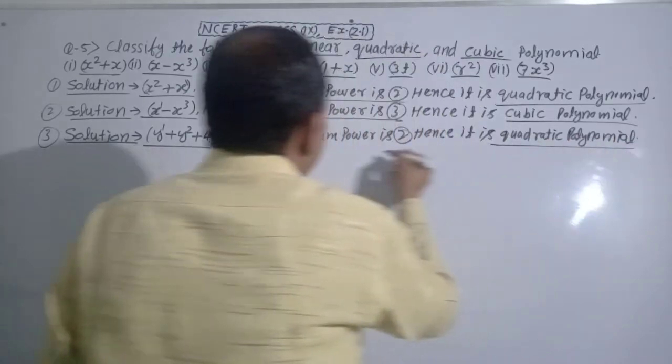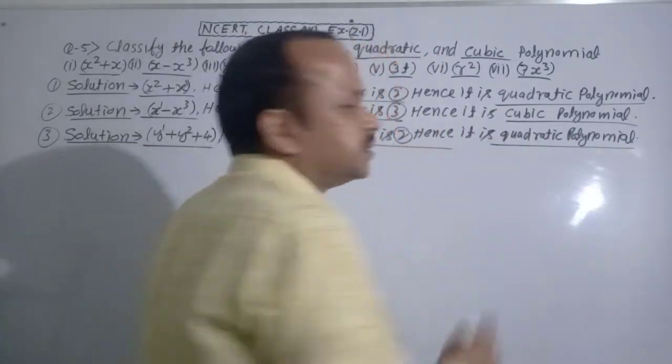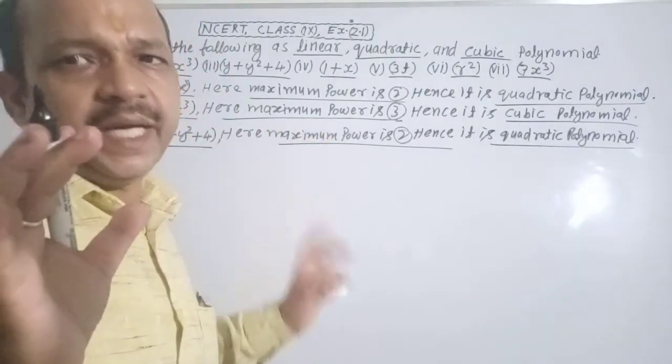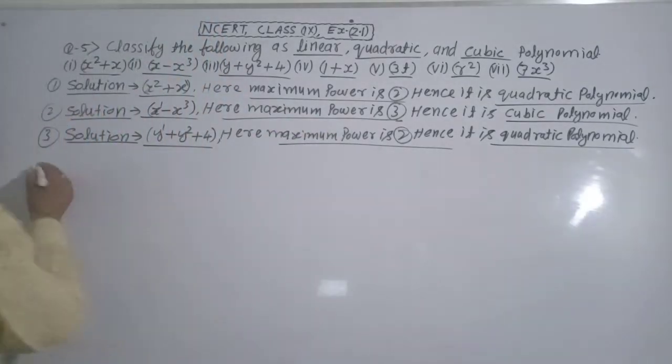Hence it is a quadratic polynomial. Is it clear? No confusion about it? Very good. Next. Solution.